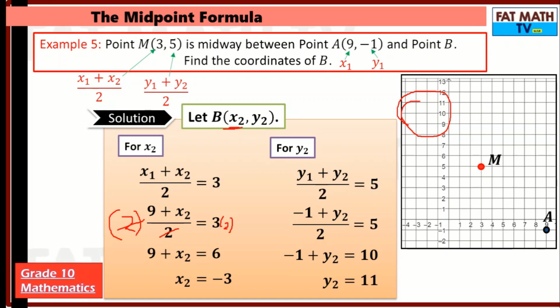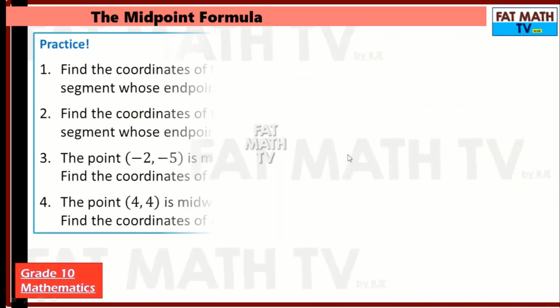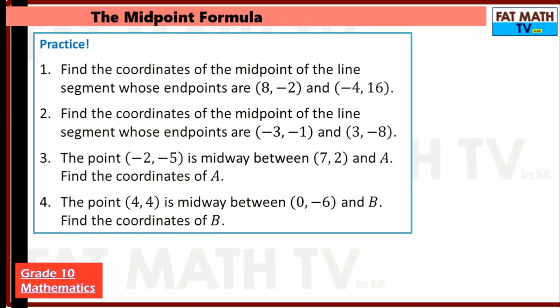So the coordinates of B are negative 3, 11, which is this point. Okay, so if you didn't get this, you can just go back to the part where you did not understand. Okay, let's now move to the practice part of this video.